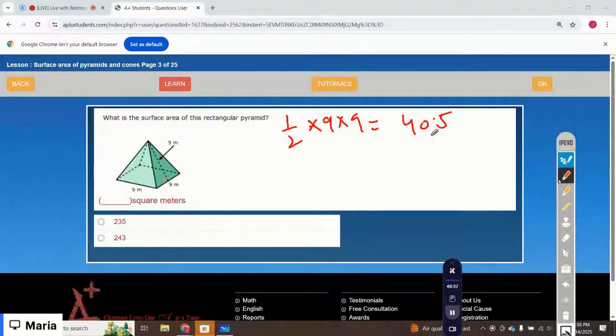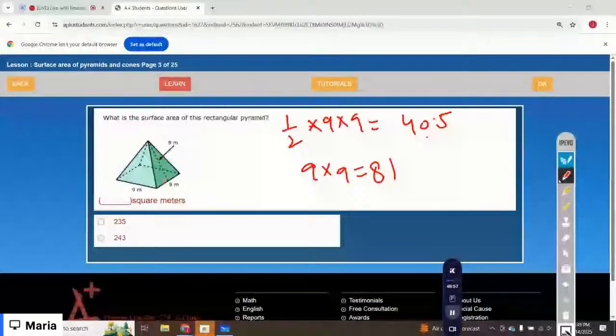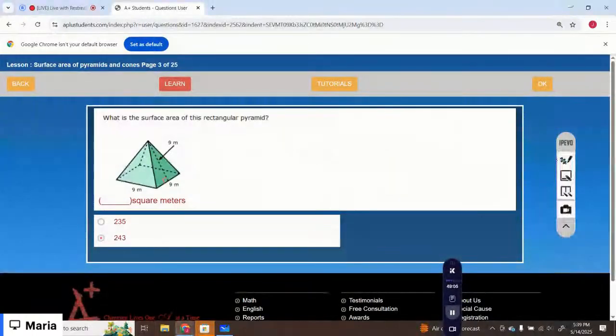All four faces have the same area, right? And the base is 9 times 9, that is 81. So just add, that is 40.5 plus 40.5 plus 40.5 plus 40.5 plus 81, that is 243. Option number 2 is the correct option.